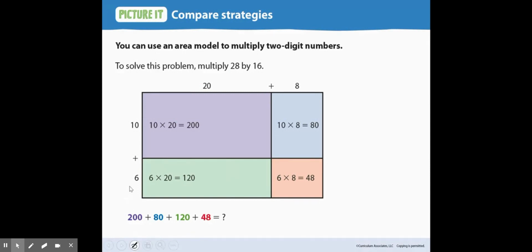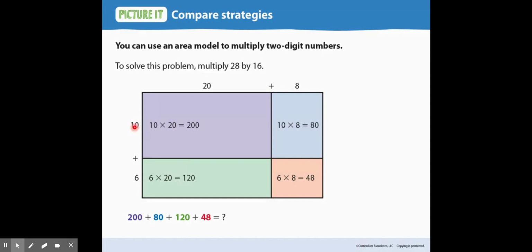And we can see that up here on the top, we have 20 plus 8. There's our 28. And 16 is the same as 10 plus 6. And so we can see there's our 16 on the side.